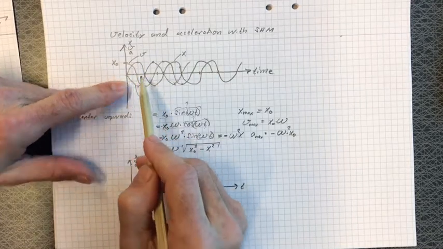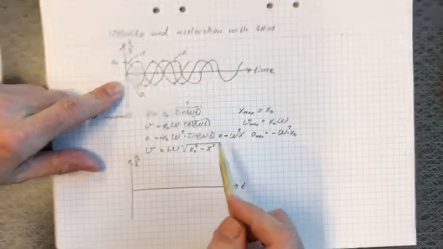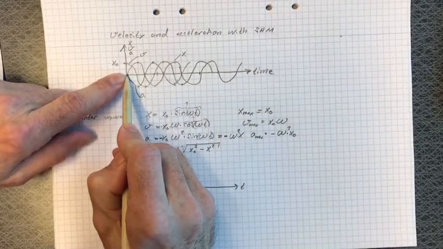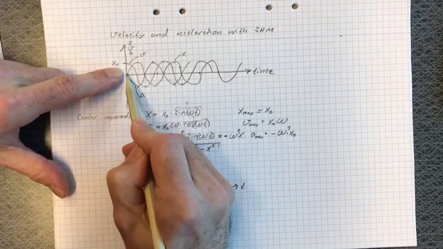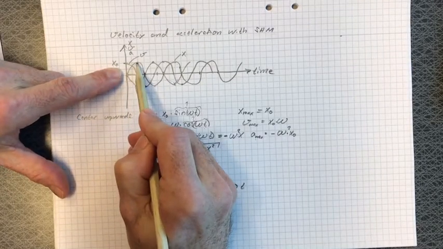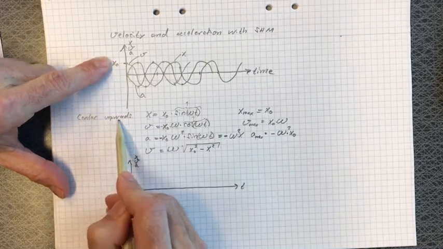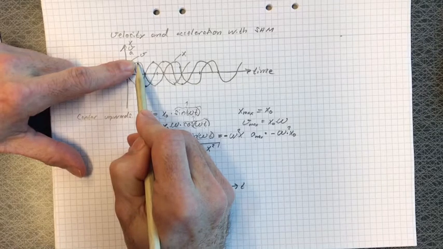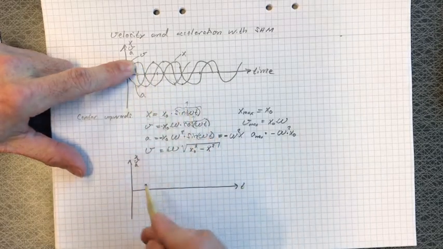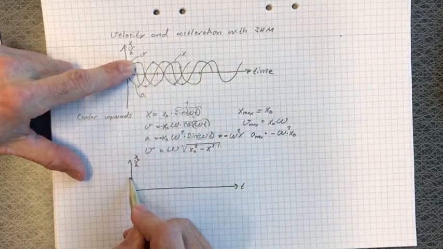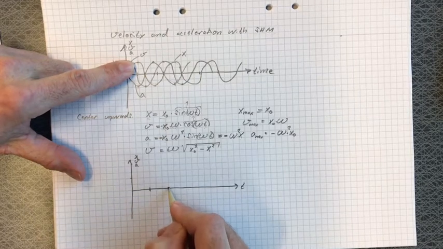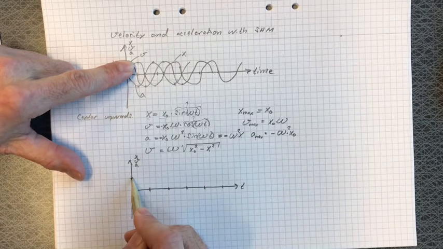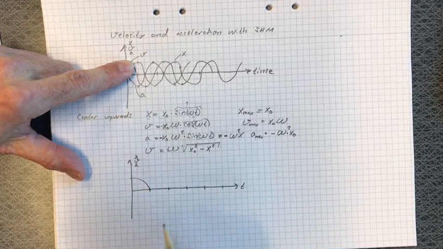Now, there is no law that says that we have to start the time here when the motion is going upwards, from the center and upwards. We could start the time here when it's at its top. If I do that, it will look like this. It will start at the top. I mark every third squared like this, and then it will start with going down.